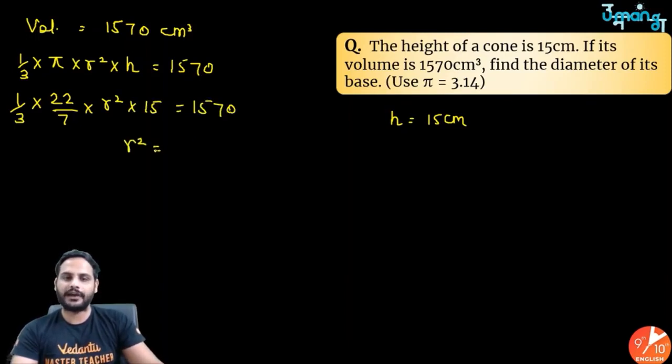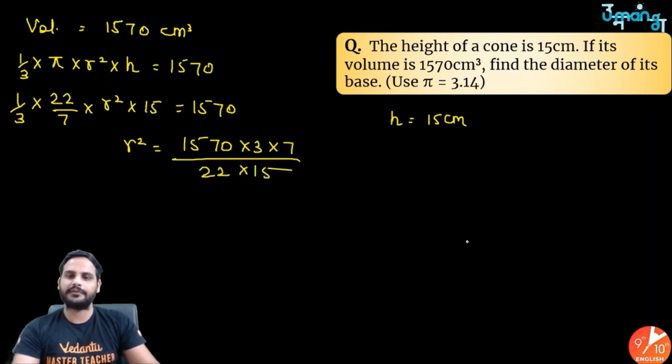So r square will be equal to, listen carefully, 1570, this 3 into 7 will go in the numerator, and this 22 and 15 will come in the denominator. Now 3 fives are 15. Is it divisible by 11?